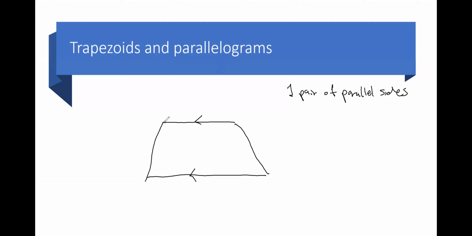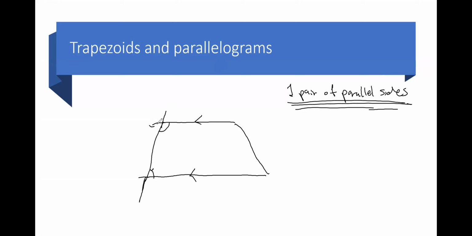So what can we get from this aspect of a trapezoid? This is the only thing that can make a trapezoid a trapezoid. So what properties does it have as a result of this? Well, we know that when we have parallel lines going through a transversal, we get some congruent angles and supplementary angles. This angle will be supplementary to this one, right?